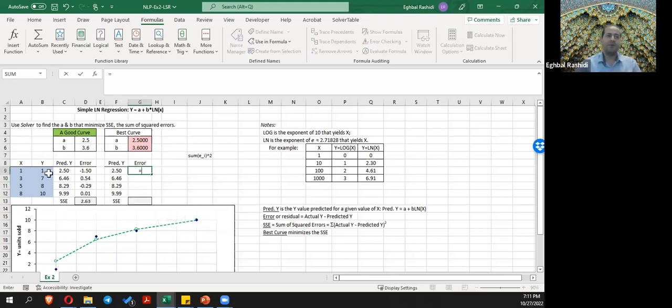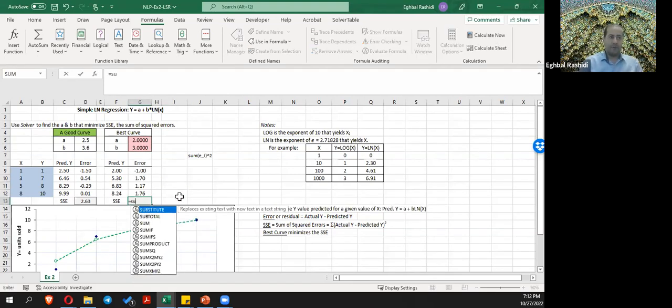So just copy it here. And the error is just going to be the original y values minus our prediction. If I change this, say, to 2 and 3, it's going to change.